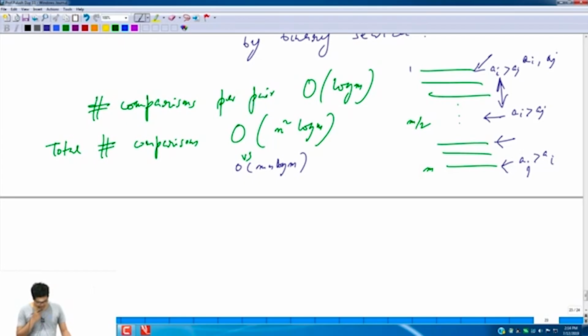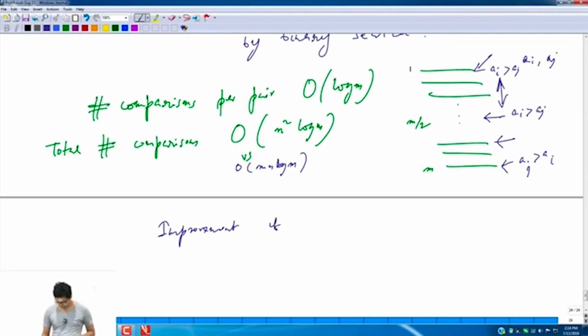So this is an improvement if n is much greater than m. So not in our example, I think.